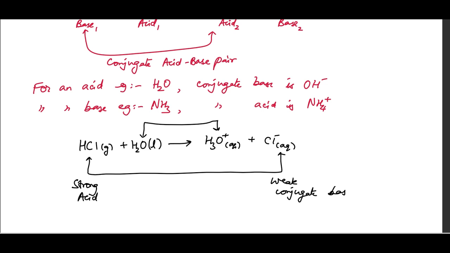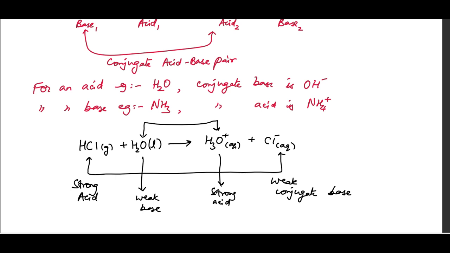Okay. And in this case, water is a weak base. So its conjugate acid, the hydronium ion, is a strong acid. Understood? So not only are we converting acids and understanding acid-base reactions, we are also understanding conjugate acid-base pairs.